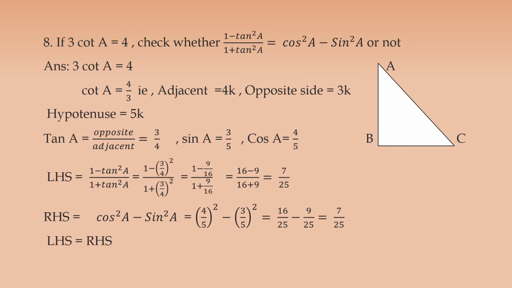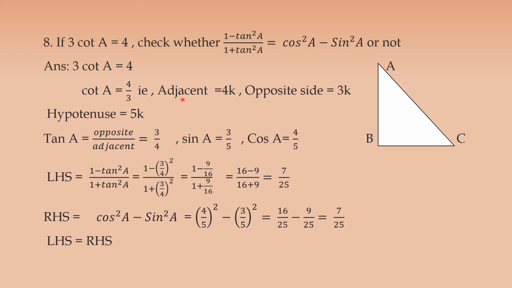Question number 8. If 3 cot A is equal to 4, check whether (1 minus tan square A) by (1 plus tan square A) is equal to cos square A minus sin square A or not. We are given 3 cot A is equal to 4. From this we can write cot A is equal to 4 by 3.